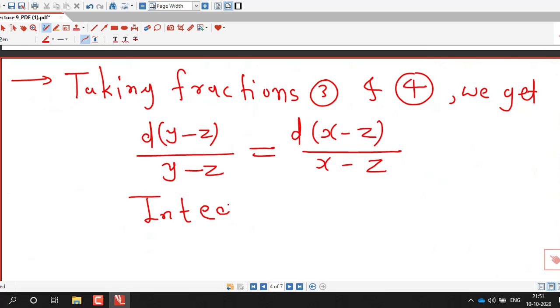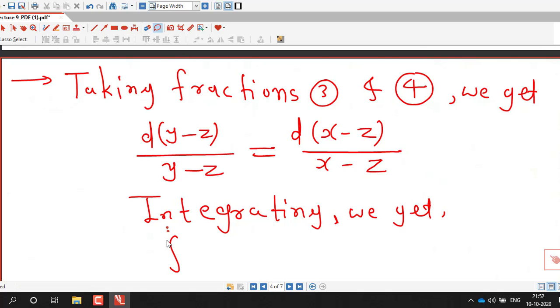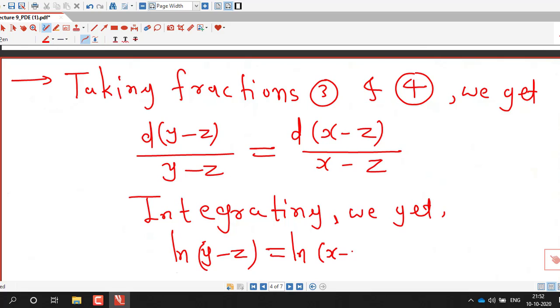So integrating, we get: integral of d of y minus z divided by y minus z is log of y minus z. And the right hand side integral will be log of x minus z, and suppose we adjust the constant as log c2.